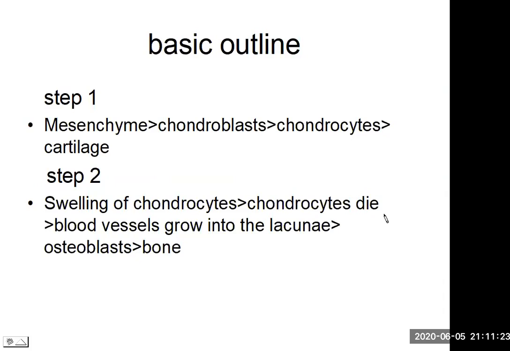So again, the general description for endochondral ossification. In the first phase, this is describing the development of hyaline cartilage. So with our connective tissue stem cells, once again, mesenchyme, in this case, developing a young cartilage-producing cell, chondroblasts.